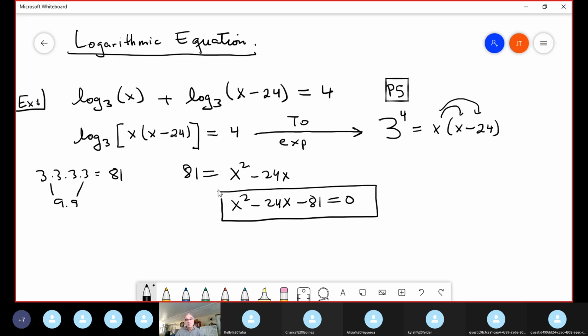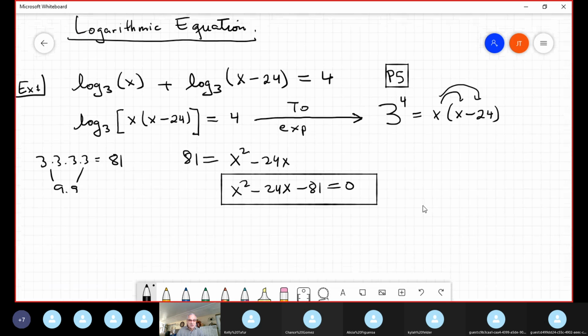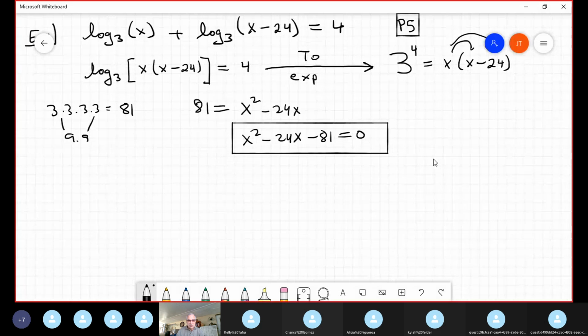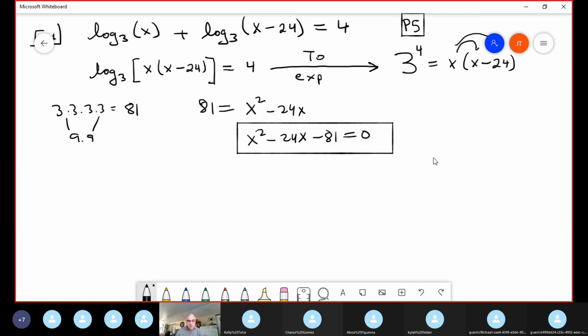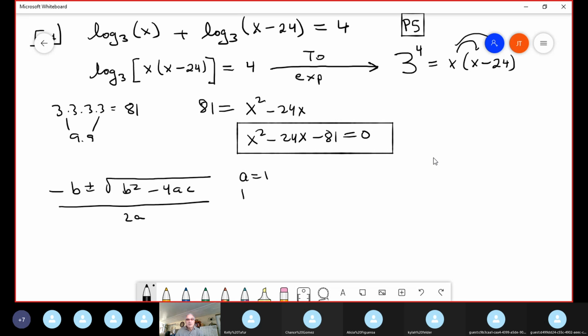So I pay my attention only to this quadratic equation. In this case, factoring is no good. It is much better to apply the quadratic formula: minus b plus or minus the square root of b squared minus 4ac, divided by 2a. You determine that a is 1, b is negative 24, and c is negative 81.